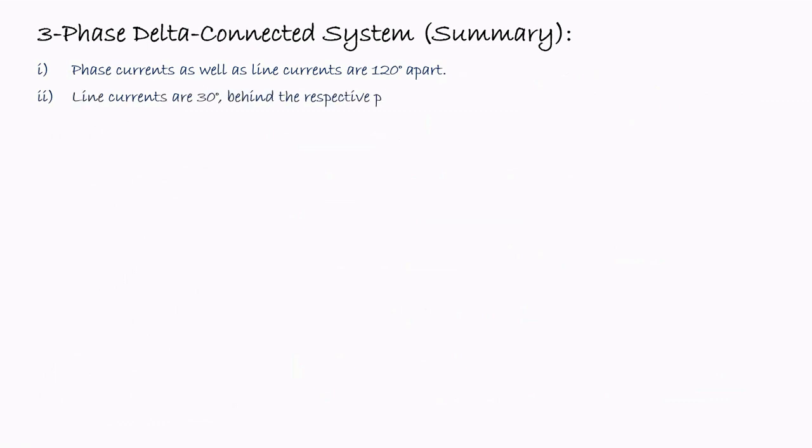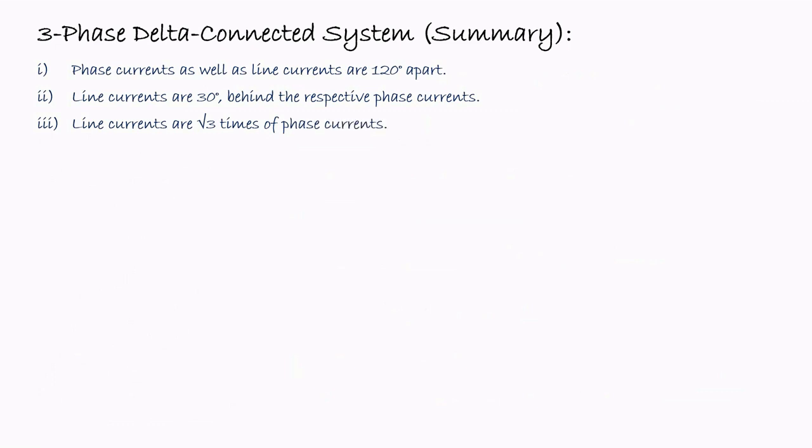So, in summary, for a delta connected system, the phase currents as well as the line currents are 120 degrees apart for a balanced symmetrical system. The line currents are 30 degrees behind the respective phase currents, which we can see in the phasor diagram.